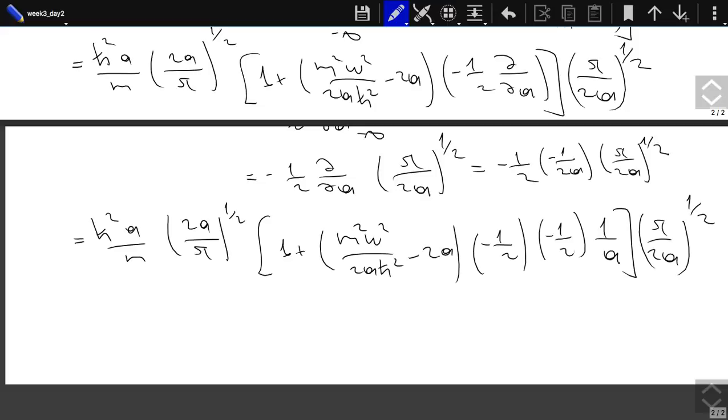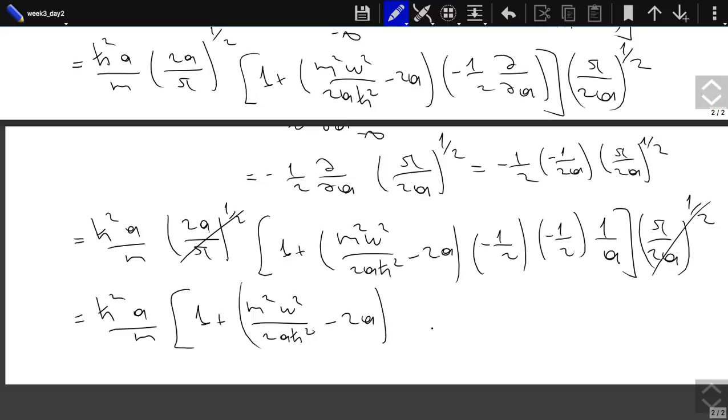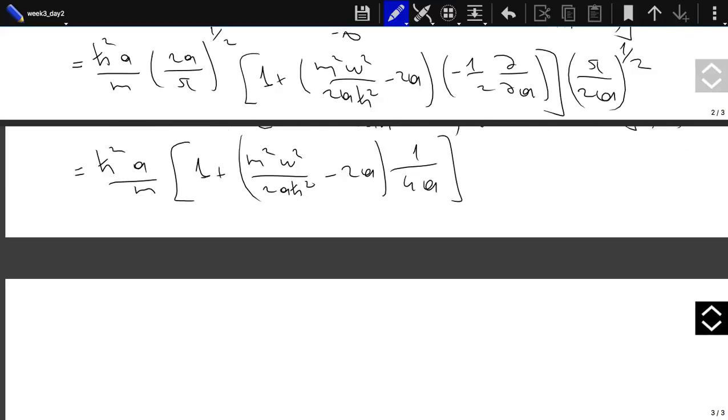Now I have the cancellations. The normalization terms will be cancelled. And I have h bar squared a over m, 1 plus m squared omega squared over 2a h bar squared minus 2a times 1 over 4a. Now let me just write it once more.